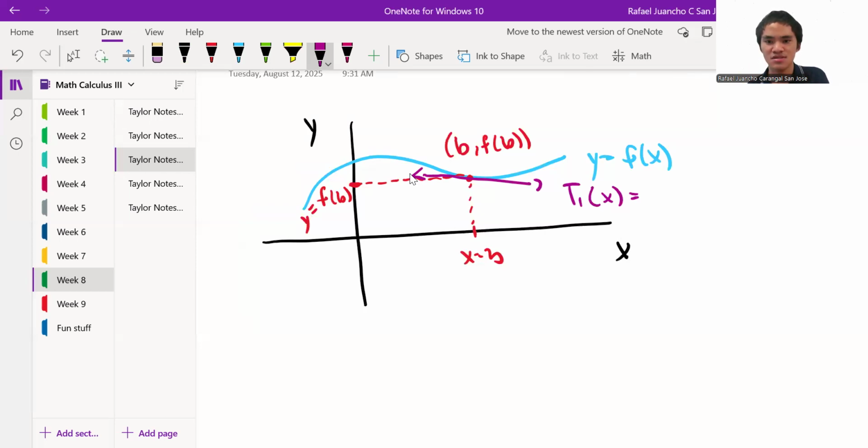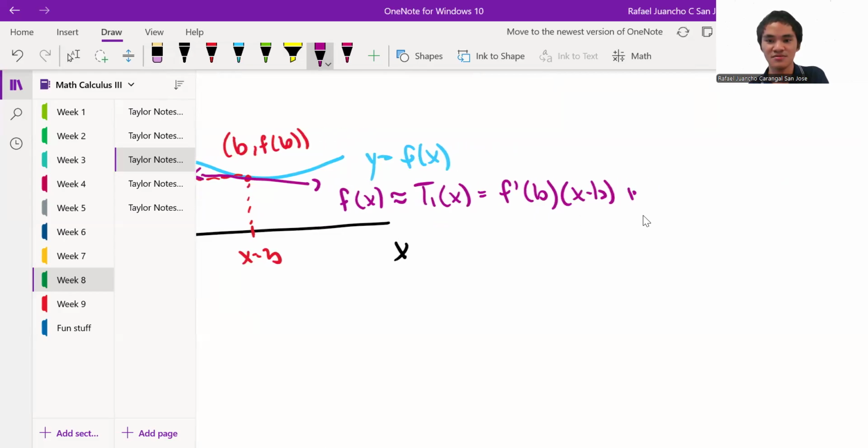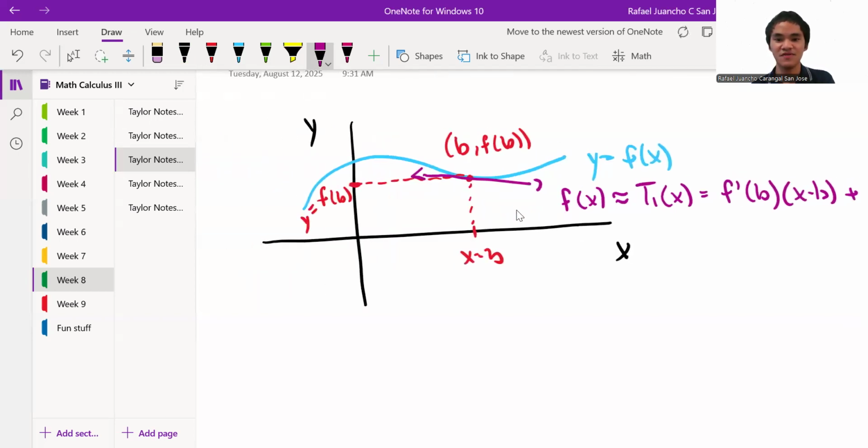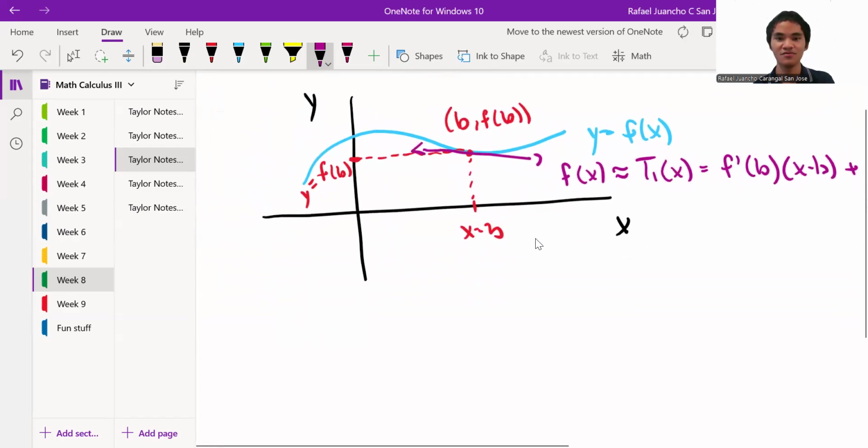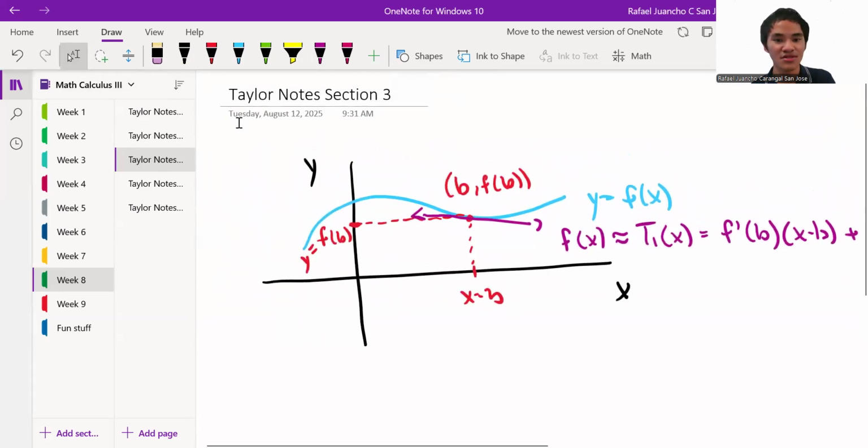This is f of x, but it's approximately a first Taylor polynomial, which is just my derivative at b, times x minus b, and then we add it to f of b. And so this is basically how we can get an approximate value as we approach b using a line. So that was section one.